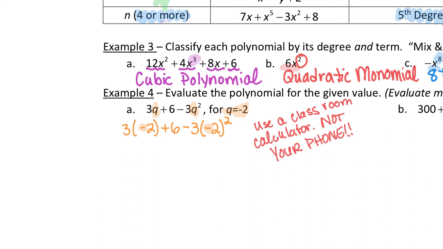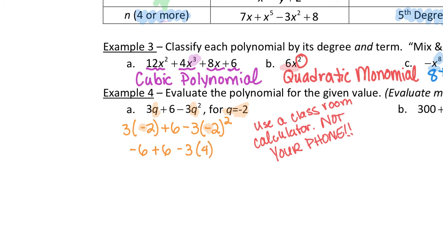You could also just do the steps on your own. So for example, if I wanted to do 3 times -2, that would give me -6. I wouldn't add that 6 yet. And I have to do this exponent as well. So -2 squared is going to be -2 times -2.